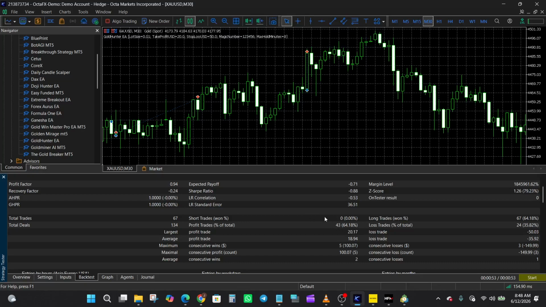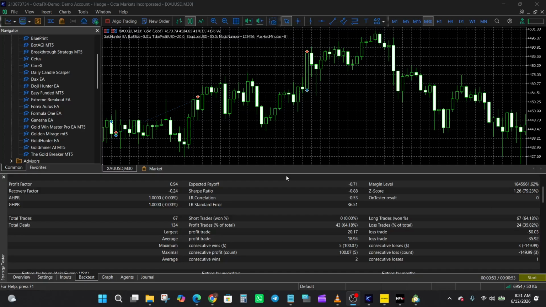All right, and then coupled with that, the average risk to reward ratio is bad. Now as always, I will recommend running your own back tests over longer periods so that you can build a broader understanding of how the EA performs across different market environments.